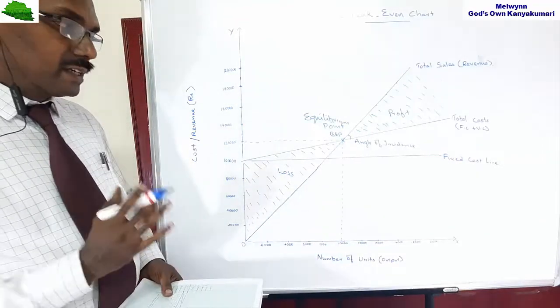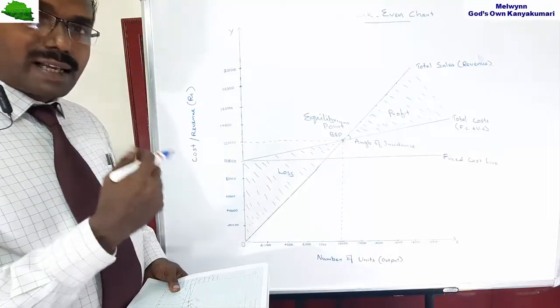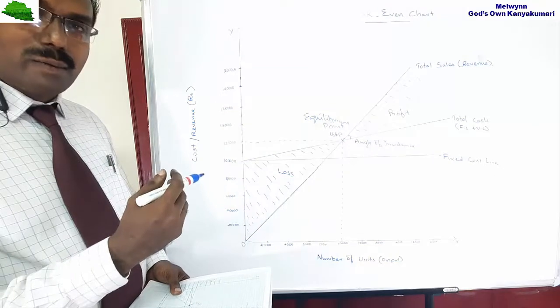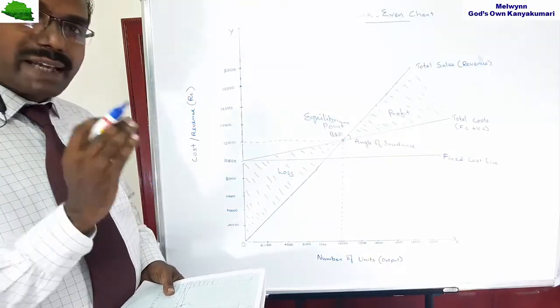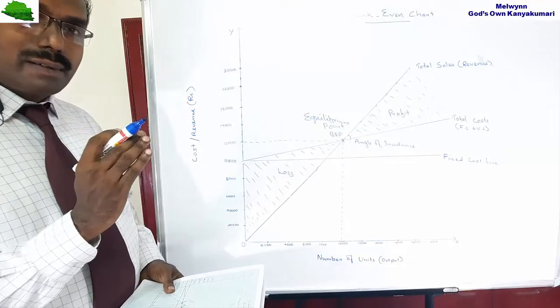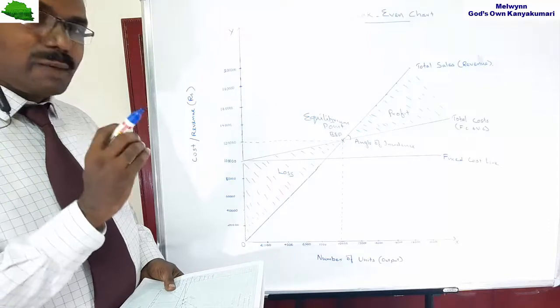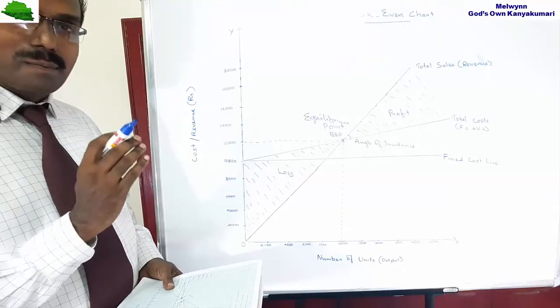Okay, now listen here. This is a break-even chart. Graphical presentation of break-even analysis we can call as break-even chart. Why is this break-even analysis most important in any business?